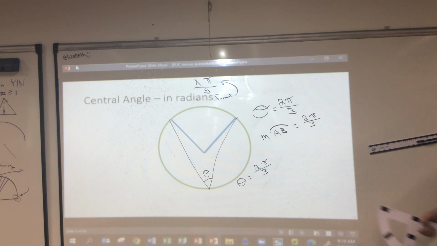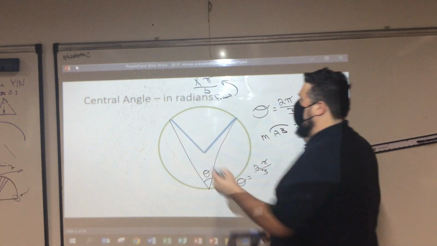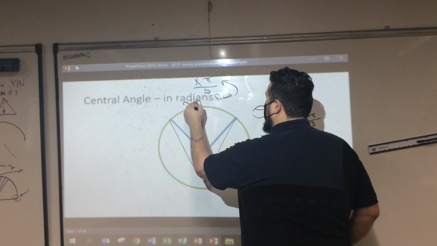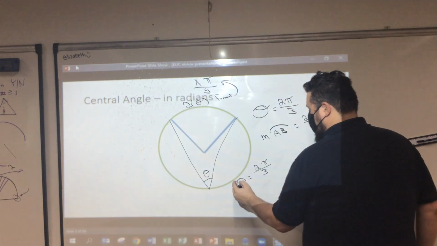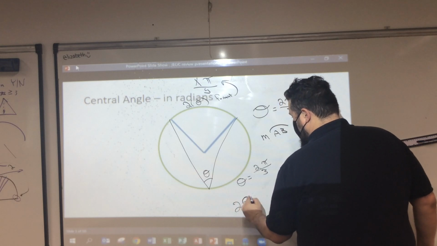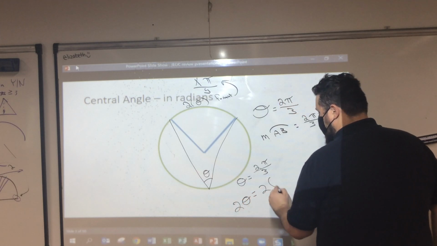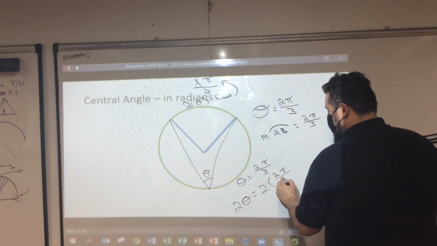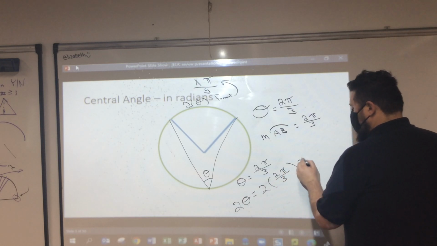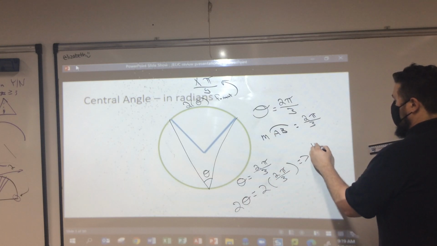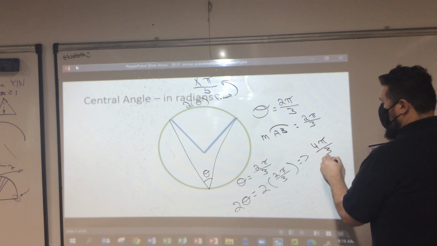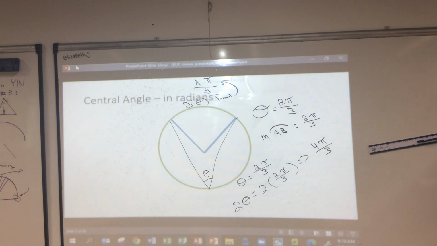Well, to go from here to here, it's 2 theta. So we just do 2 times theta. Oh, so you can multiply it with just the other side. Exactly. You can only multiply by 2 if it's inscribed. Only if it's inscribed, yes. Abby, does that make sense?